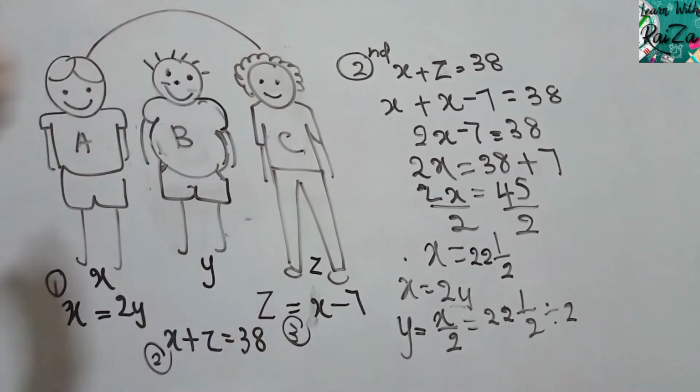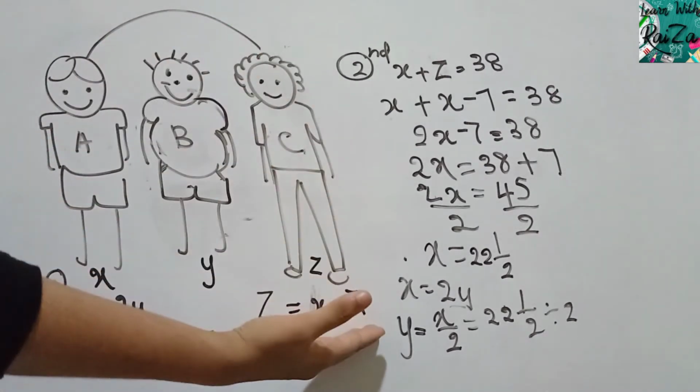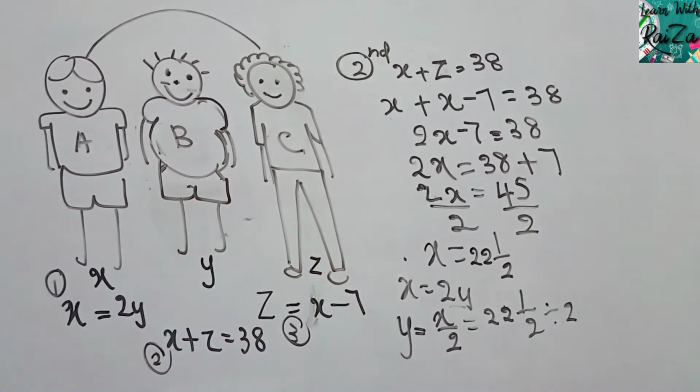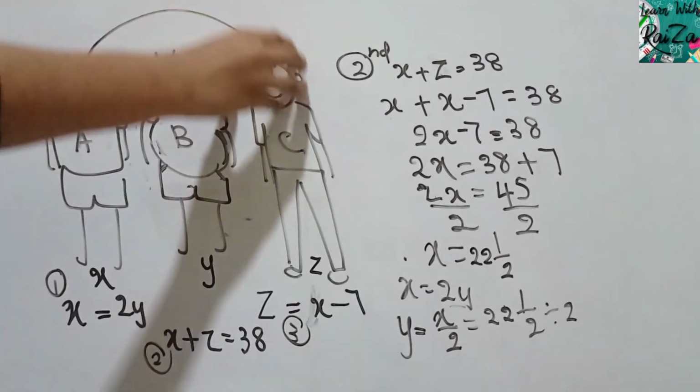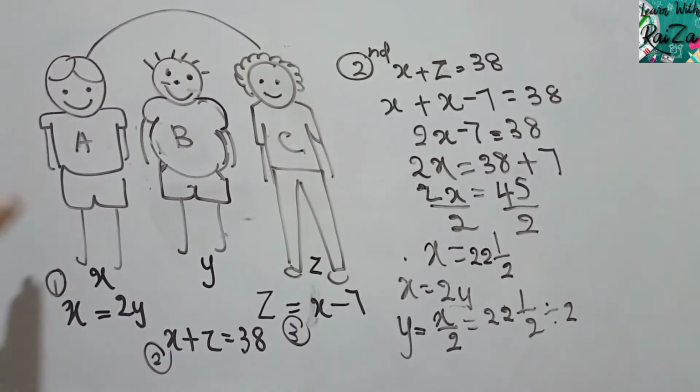The age of C person will be 7 years less than the age of the A person. So you subtract 7 from the age of the A person, 22.5, and then you obtain the age of the person C. So this is how to relate problem equations and find the answer for the unknown variable.